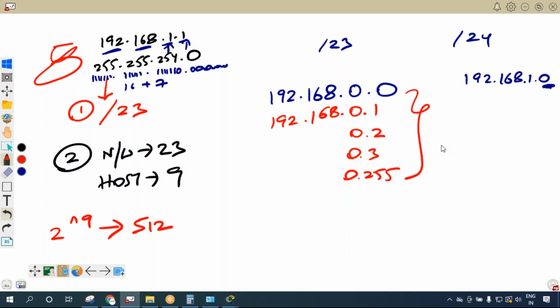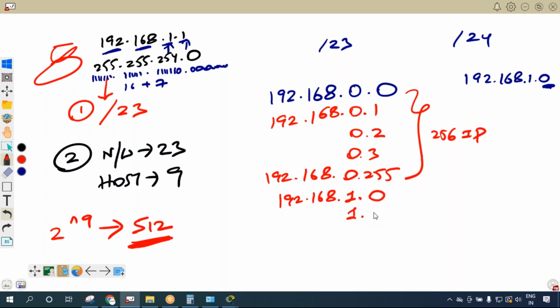How many IP addresses are there now? 256 IP. How many IP addresses in the subnet are there? 512. Is it complete? No, it will go ahead. As per the rule of binary, 168 will become 1, then 1.0, 1.1, 1.2, 1.3 up to 1.255.